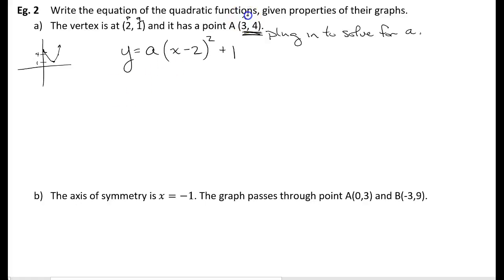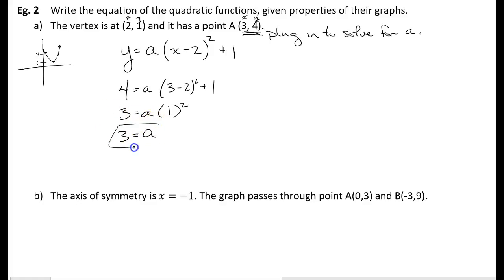So 3, remember x is always listed before y, so we've got 4 equals a times 3 minus 2 squared plus 1. We can move that 1 right away, and we can also simplify what's in the brackets. So we've got 3 equals a times 3 minus 2 is 1 squared. 1 squared is 1, divided over, so we're left with a equals 3.